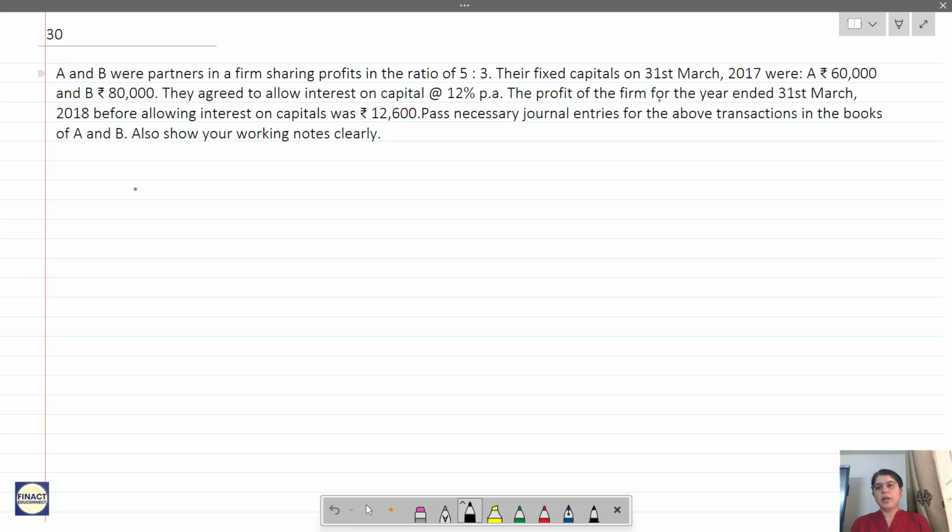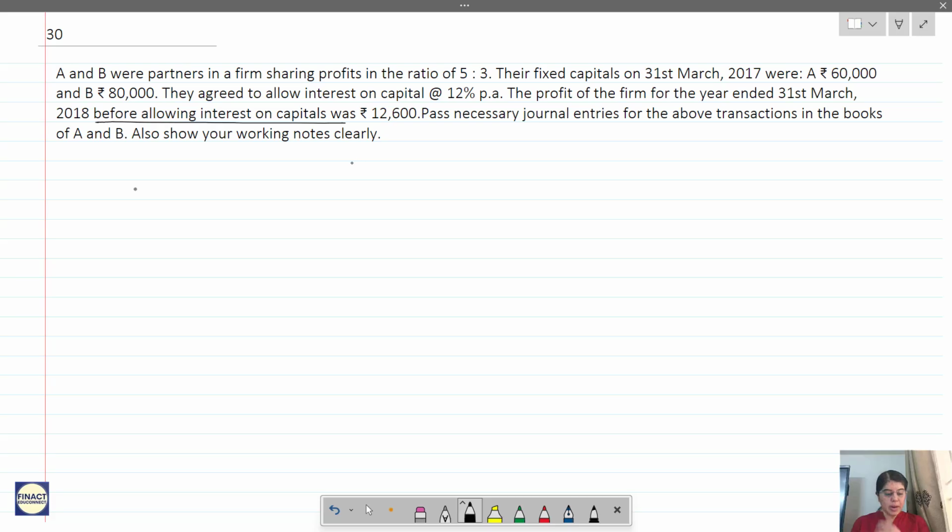The profit of the firm for the year ended 31st March 2018 before allowing interest on capital was 12,600. Pass the necessary journal entries for the above transactions in the books of A and B. Also show your workings clearly.